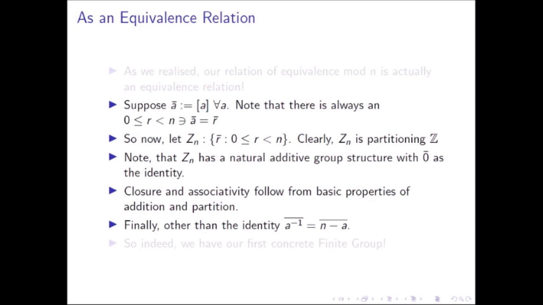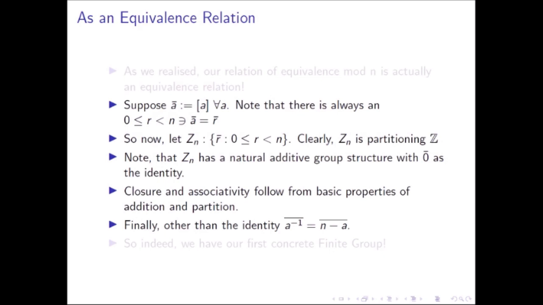Finally, the inverse over here. If we have identity 0, then 0's inverse is 0. Otherwise, if a is greater than 0, then n minus a is also greater than 0. And these two elements, a and n minus a, the sum of them is again 0, the equivalence class of 0, right? But we also note one thing over here. This sum is commutative.